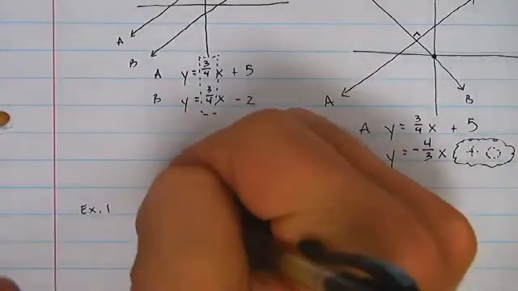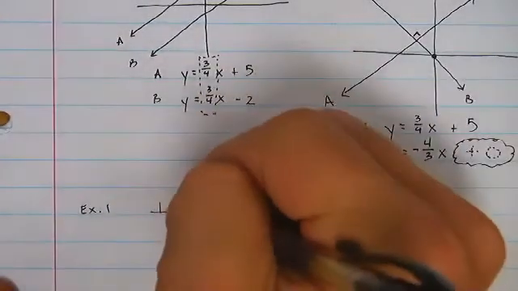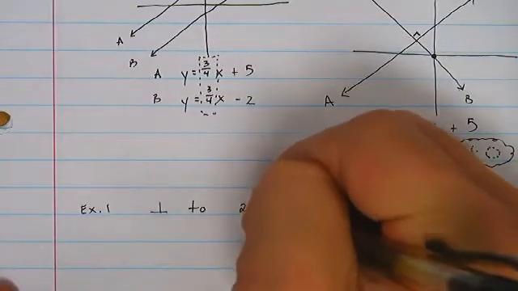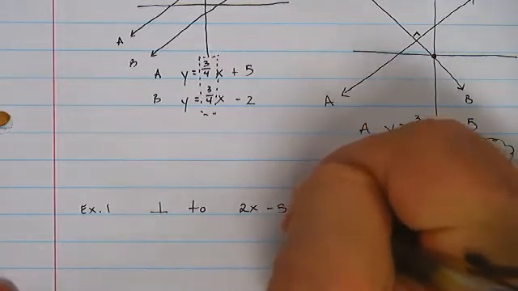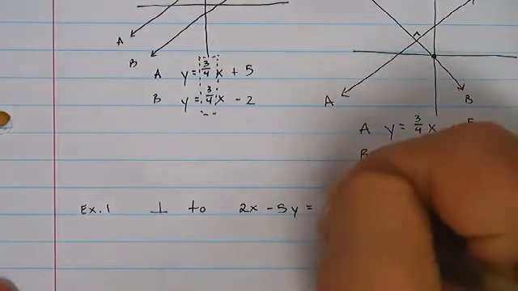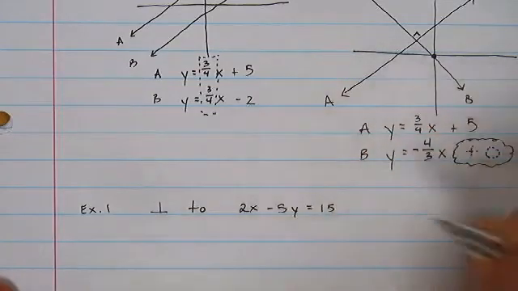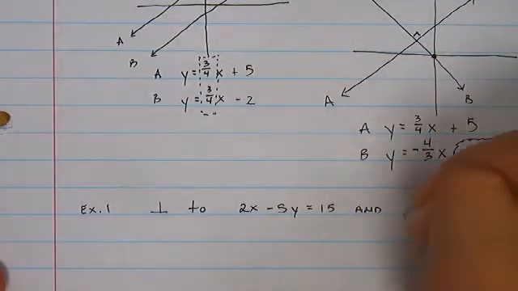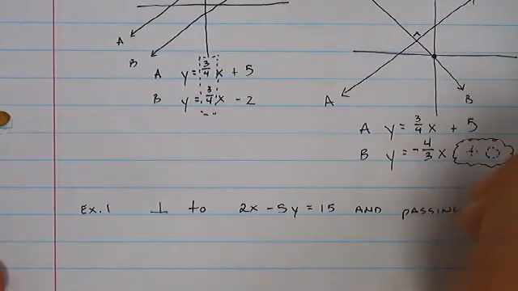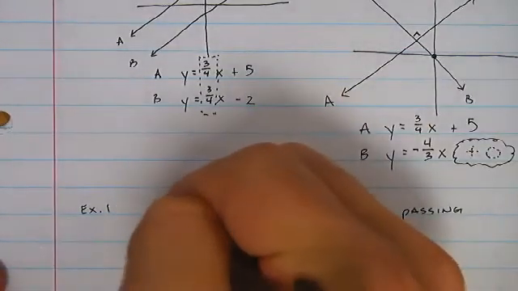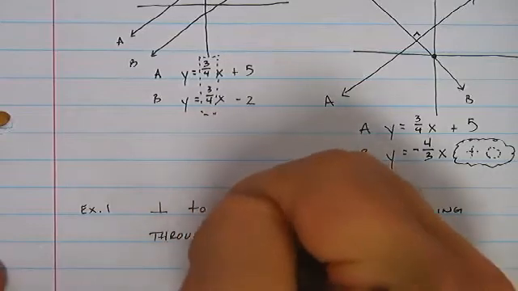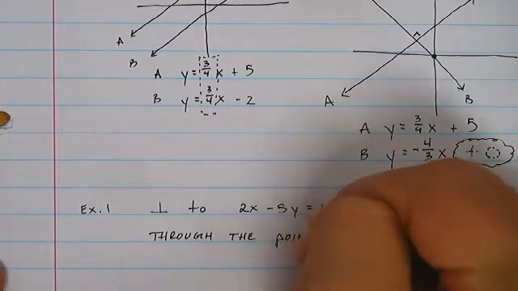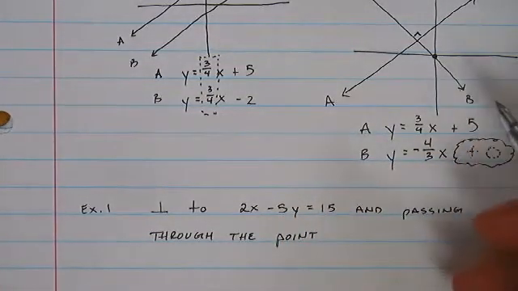Let's go perpendicular to... let's just make something crazy up, right? 2x minus 5y equals 15, okay? And passing through the point... let's see.